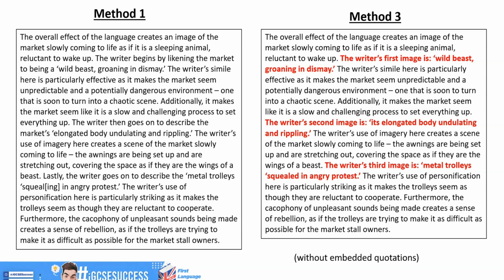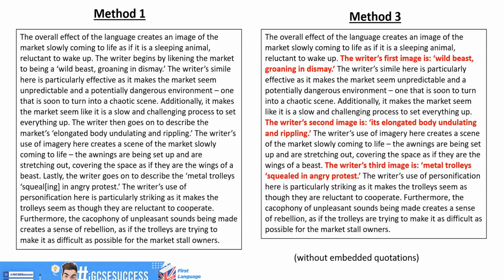The writer then goes on to describe the market's elongated body undulating and rippling. The writer's use of imagery here creates a scene of the market slowly coming to life. The awnings are being set up and are stretching out, covering the space as if they are the wings of a beast. Lastly, the writer goes on to describe the metal trolley squealing, literary present there, in angry protest.